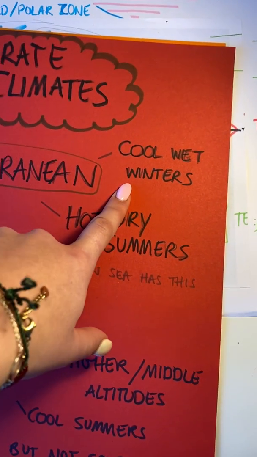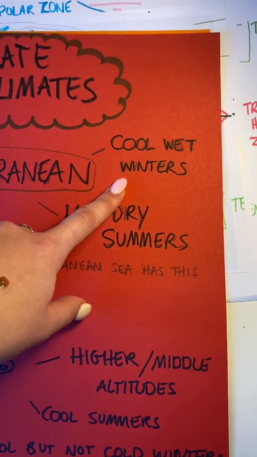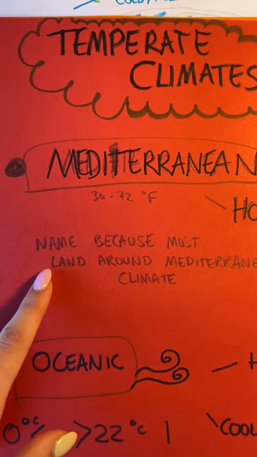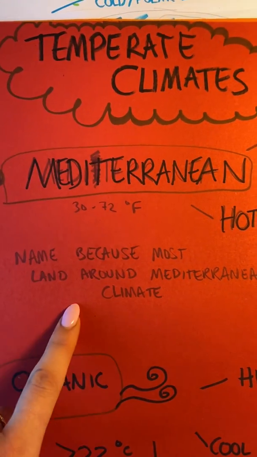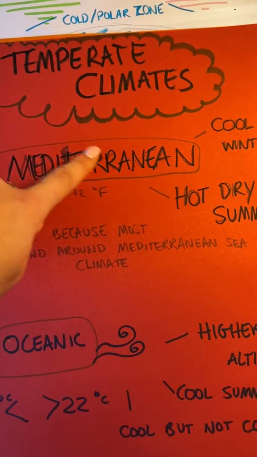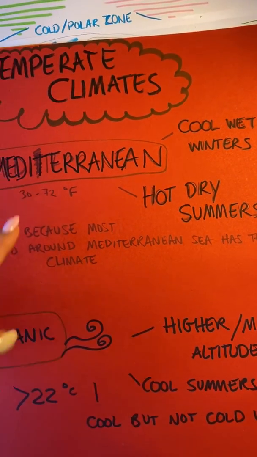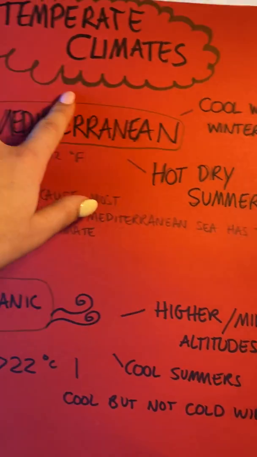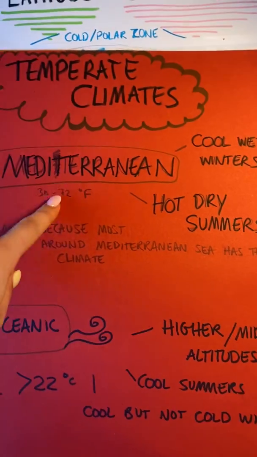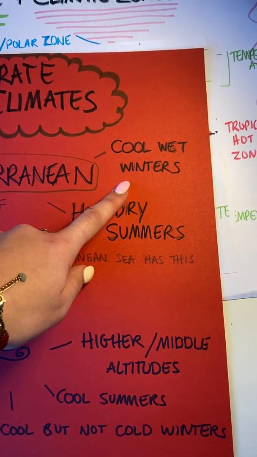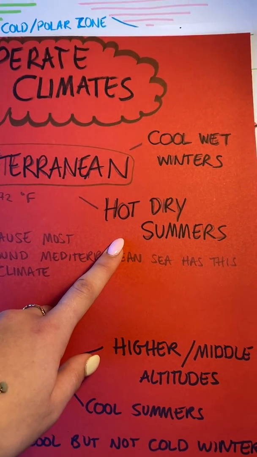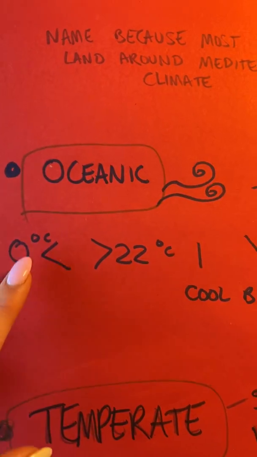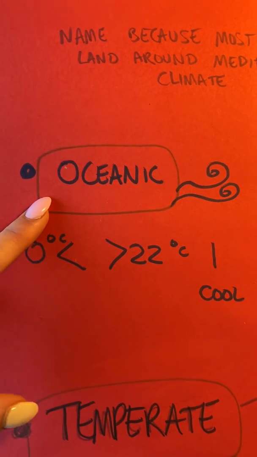And these have cool, wet winters, but hot, dry summers. And they get their name because of the sea, the Mediterranean Sea. And this is because most land around the Mediterranean Sea has this climate of cool, wet winters and hot, dry summers.